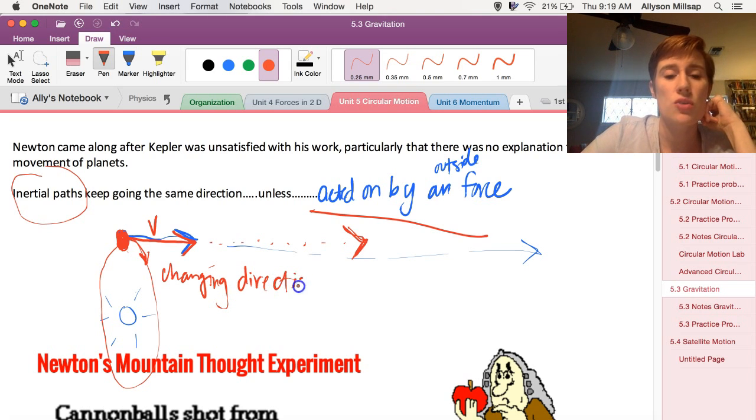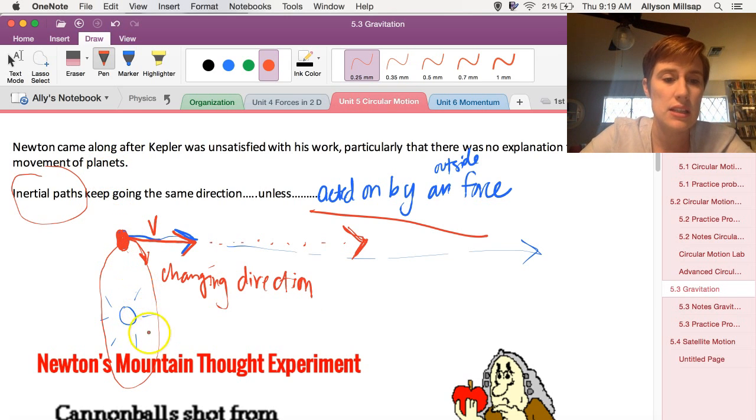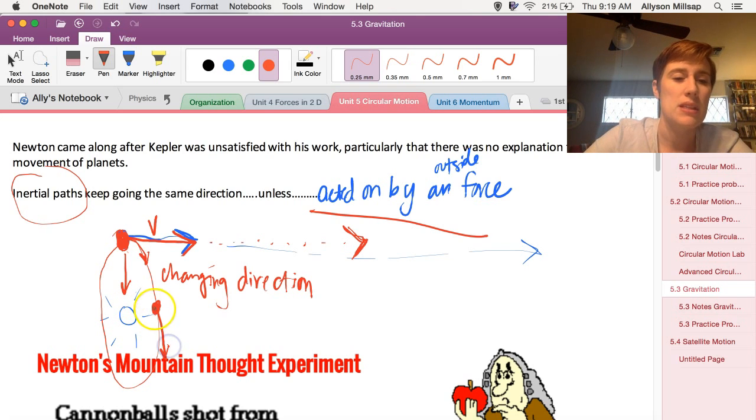And it's not changing direction randomly, it's changing direction consistently to form this shape around the sun, which means there must be a force constantly being pulled inward. If the Earth is here, velocity is going to go straight, but something's pulling it inward. So there's always going to be a force pulling inward towards the sun.